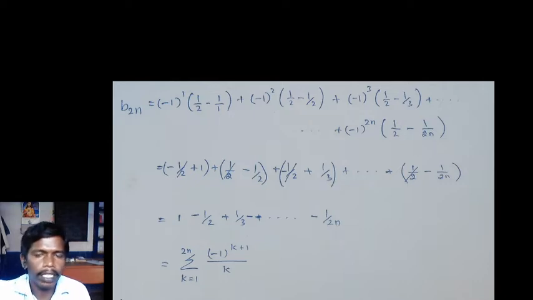Definitely since 2n is even, we get (-1)^(2n) as positive.